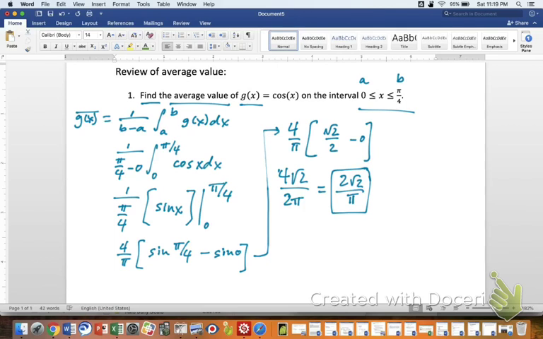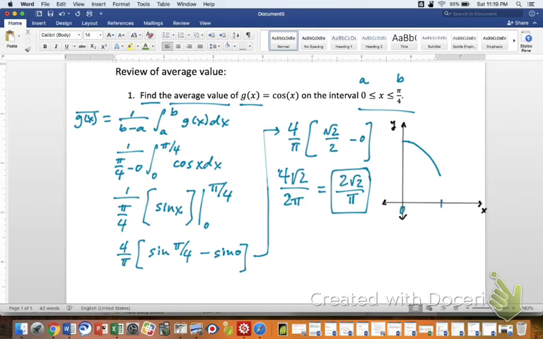I want to make sure that we understand exactly what we're doing here, so I think it's a little easier to see this on a graph. Here is the x and the y-axis. If we look at a graph of cosine of x on the interval from 0 to pi over 4, it would look maybe something like that.